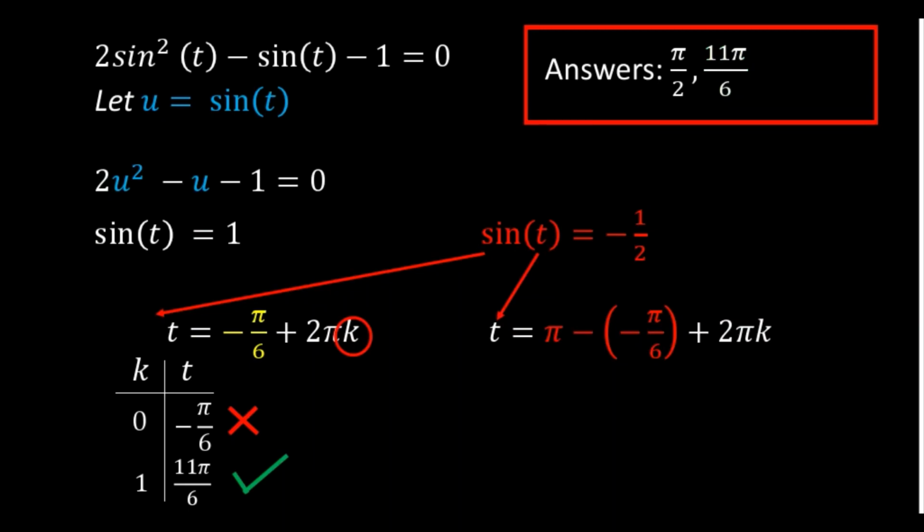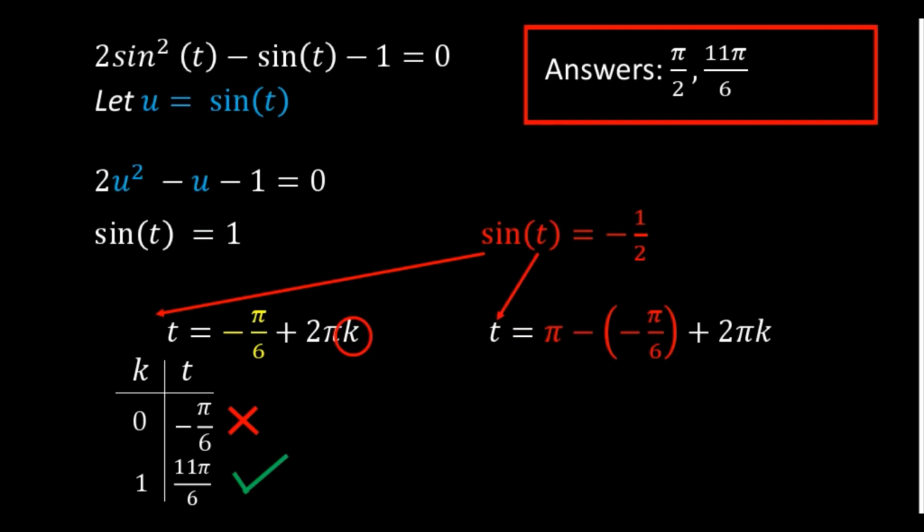And there's no need for us to continue and plug in k equals 2 because that will exceed our interval from 0 to 2 pi. So we will move to our second equation, t equals pi minus negative pi over 6 plus 2 pi k.